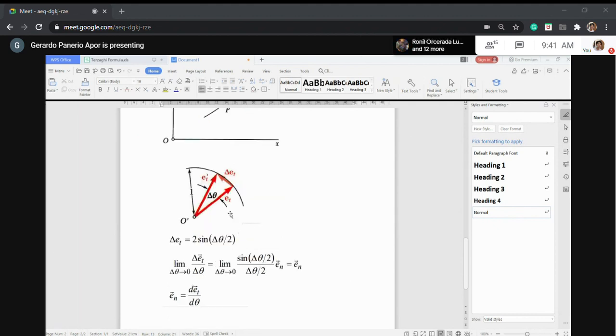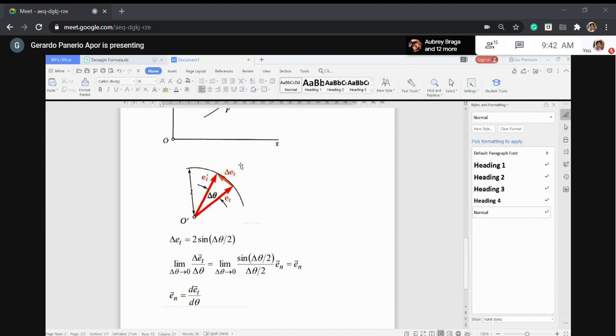Now, if you are going to compute that very small distance, you look at delta theta over 2, so it forms a right triangle, in which the distance is 1/2 of delta e t. That 1/2 of delta e t is sine of delta theta divided by 2. But we want the delta e t, so we multiply it by 2.